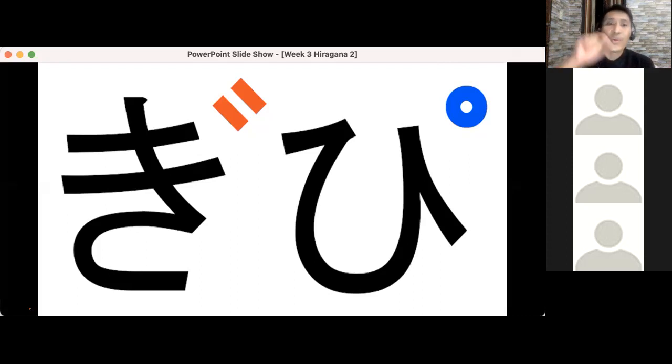Okay? So gi, pi. So that is Dakuten. This one is Handakuten. Again, if we put this symbol on the upper right side of the kana, the sound becomes voiced. Okay? Again, yung ki magiging gi, yung hi magiging pi.